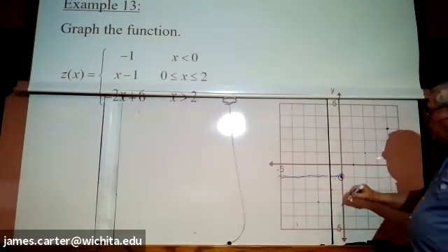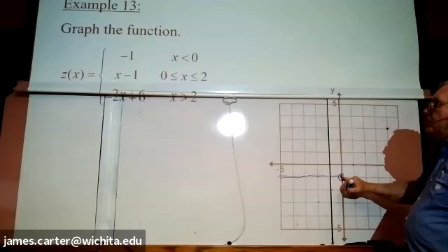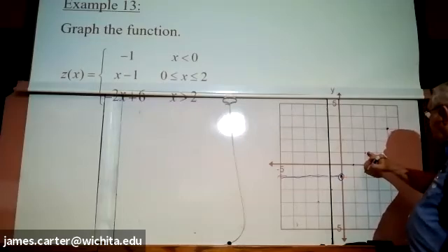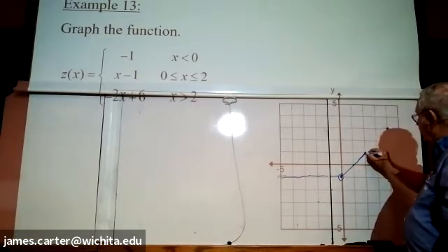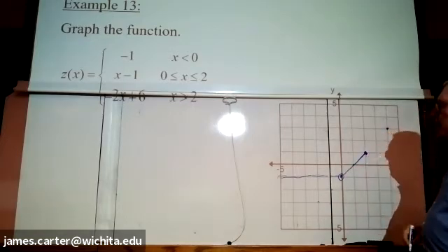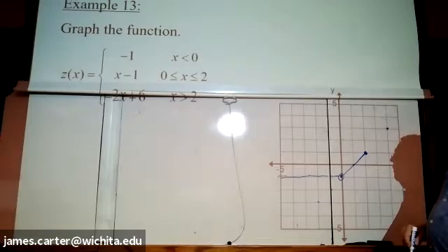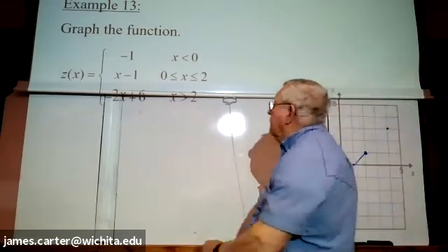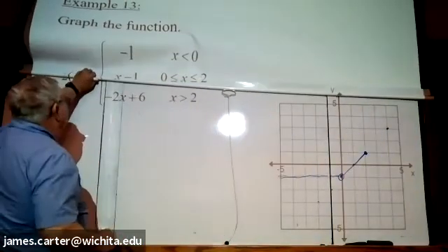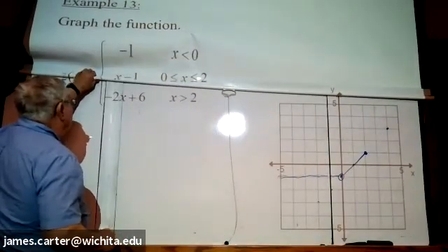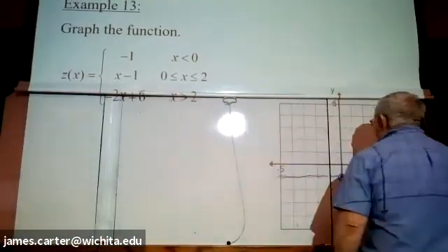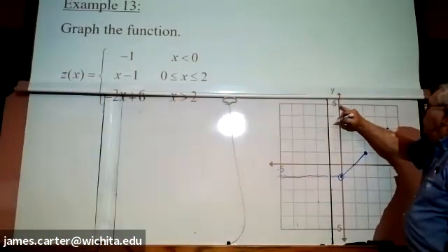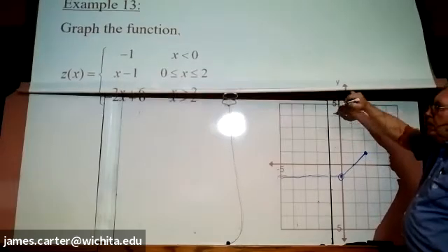And it only has it between x is 0 included and x is +2 included. So in this case, that would be that graph. Now the third one, -2x + 6. 1, 2, 3, 4, 5, 6 up here.